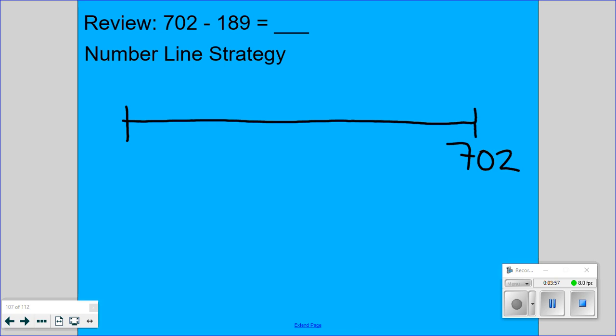Yeah, and we know what a number line looks like, right? If I'm taking away, am I going forwards or am I going backwards? Backwards. How many backwards? Macklin, how far backwards am I going?